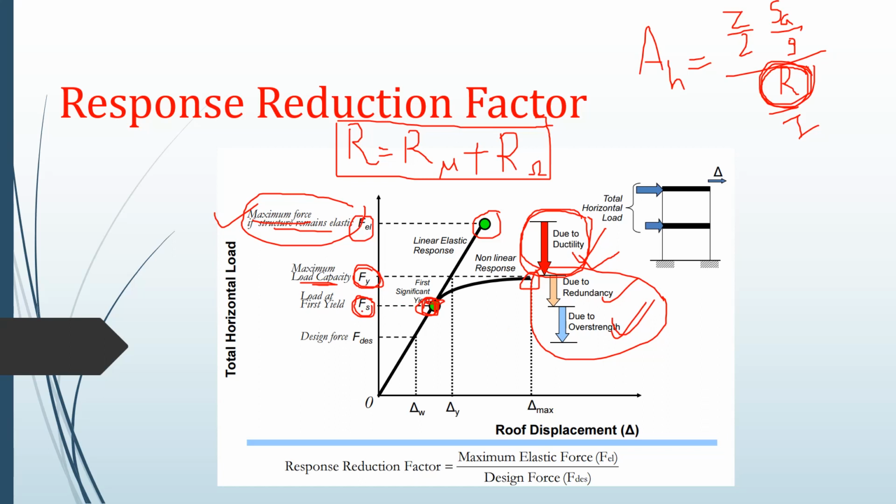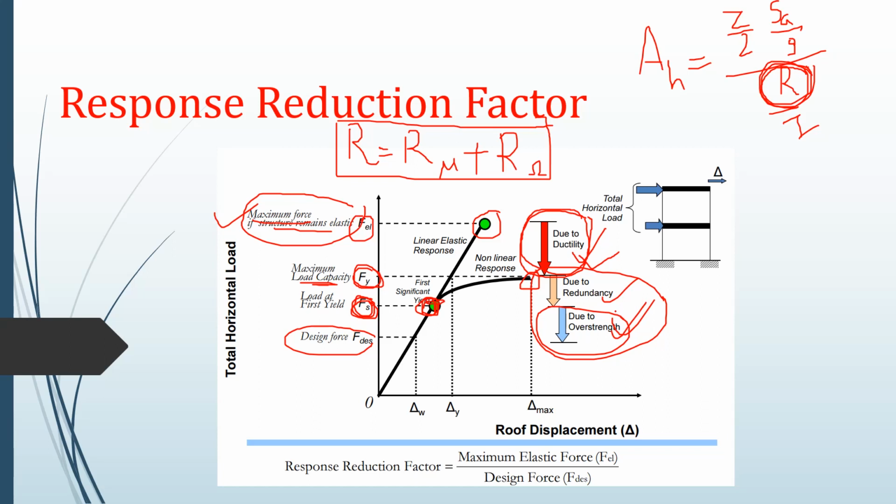And finally, we can even decrease this Fs force on our structure to a lesser value, this design force. And this reduction is due to the overstrength property of our building. Overstrength means the members in our structure have reserve strength in themselves, and that contributes to the overstrength of our structure. There are various factors that account for the yielding of a structure at loads higher than the design loads.